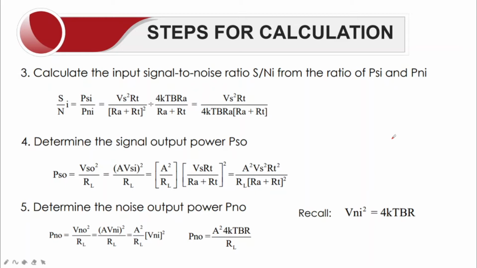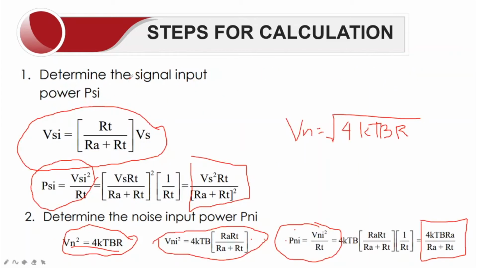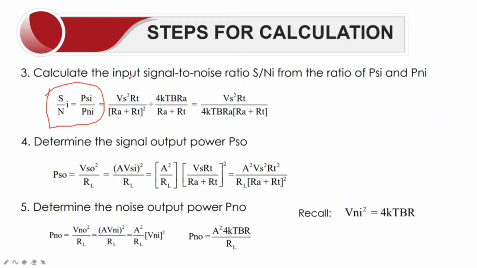So, since meron na tayong PSI at PNI, pwede na natin to gamitin. Diba? Makukuha na natin siya dito. PSI, PNI. Pwede na natin siya idiretso na PSI over PNI. Pero kung halimbawa, gusto mo hanapin yung SNRI nang hindi na kailangan isolve yung PSI at PNI, pwede namang ito na lang yung gamitin mo.